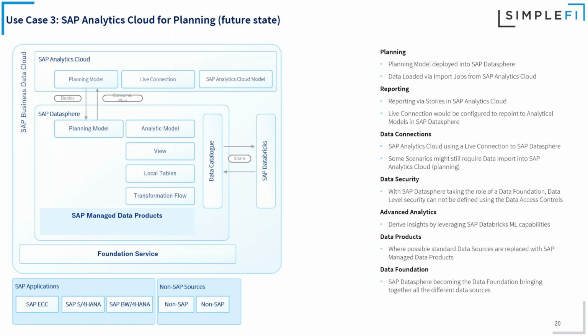Because all the items are available inside of Datasphere now, you can also think about the data security and start using the data access controls inside of Datasphere to make sure people only see what they are allowed to see. And you can start slowly moving from your data access controls inside of SAC to your data access controls inside of the planning model.